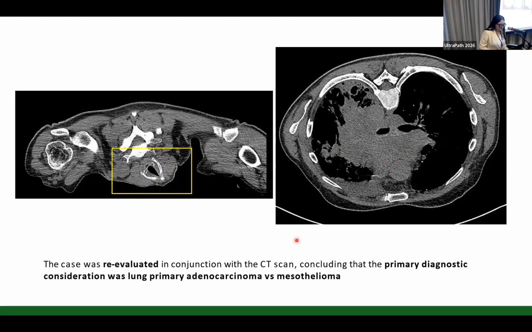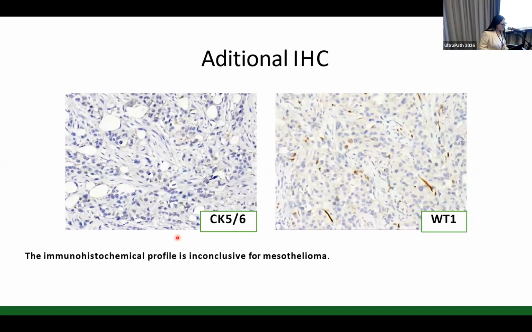The radiologists concluded that this was highly suggestive of a lung adenocarcinoma or a mesothelioma, but we had already performed immunohistochemical markers, so that's why we decided to add more markers.